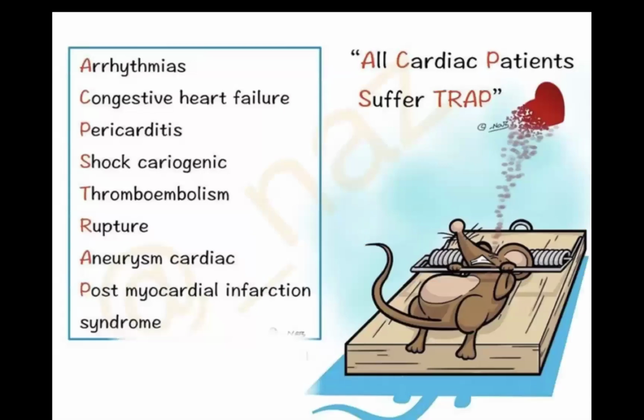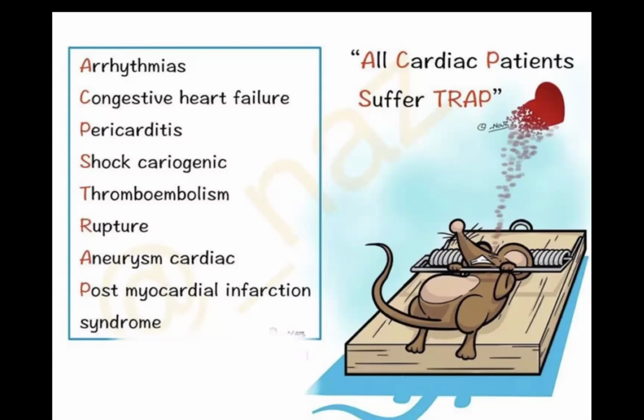All right, so here's a little acronym for the complications of an MI. All cardiac patients suffer TRAP, and that stands for arrhythmias, congestive heart failure, pericarditis, cardiogenic shock, thromboembolism, rupture, aneurysm, and post-myocardial infarction syndrome.